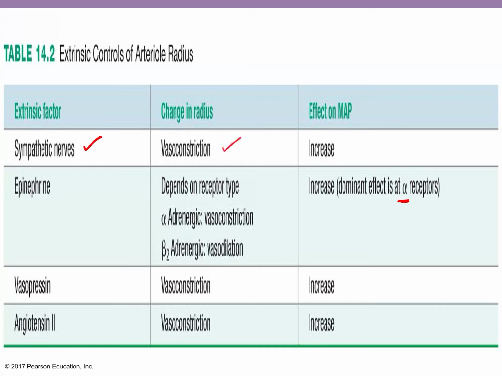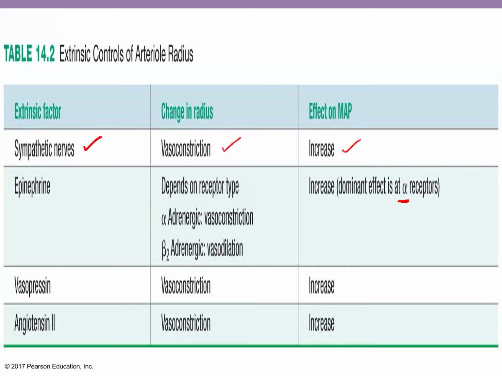And so it's going to cause vasoconstriction. It's going to increase blood pressure because when you close down the lumen to constrict your blood vessel, that means there's more pressure. It's a smaller tube, so the fluid that's in that tube is going to exert more pressure on those vessels. Any vasoconstriction is going to increase blood pressure. So the sympathetic nerves will do that.